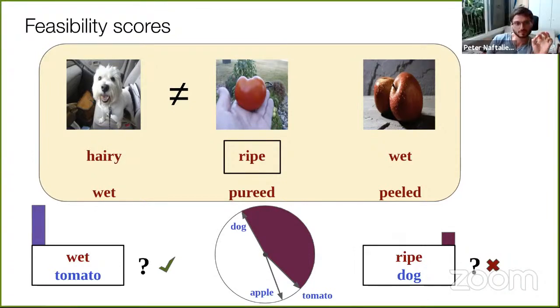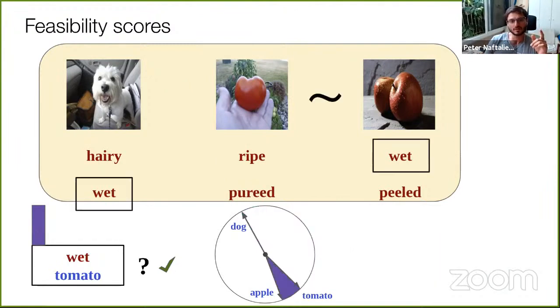If we can, one second, just something maybe I missed. When we were talking about the feasibility score of wet tomato, we actually took the distance between the tomato and the dog into account. But we said that the score is right because apple and tomato are close without any consideration of the dog.